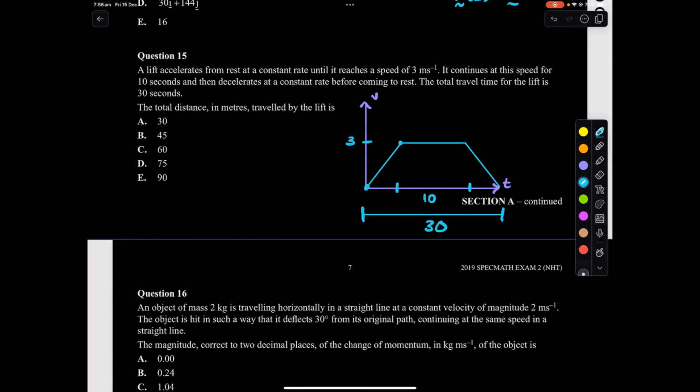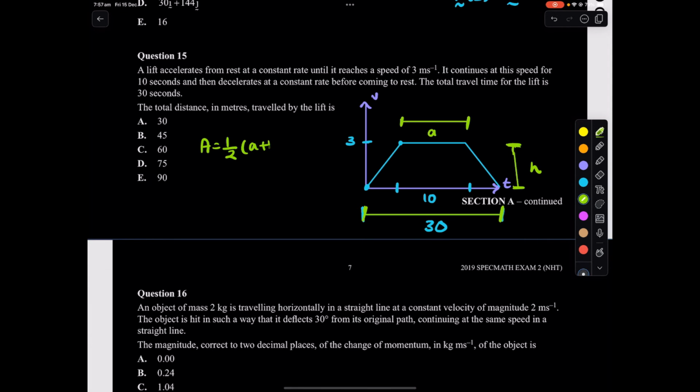Now we know the distance in a velocity-time graph is the area under the graph. So this area is your overall distance, the total distance, and it's the area of a trapezium. Remember, the area of a trapezium is half, where let's say this is A, this part over here, and your B is going to be this part over here, and your height is going to be this height here.